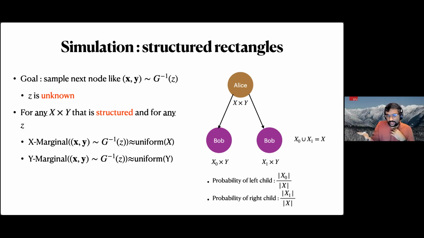So in a node where Alice splits XY into X0 and X1, we will sample the left child with probability X0 over X and the right child with probability X1 over X.